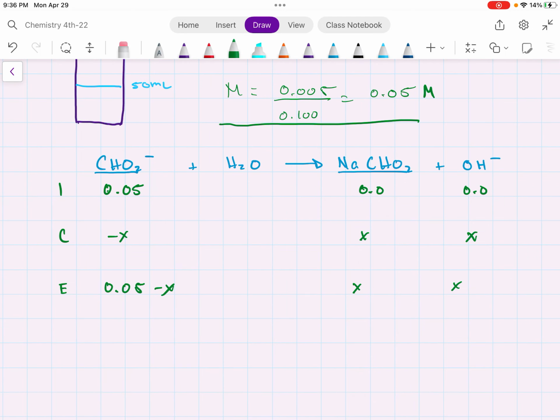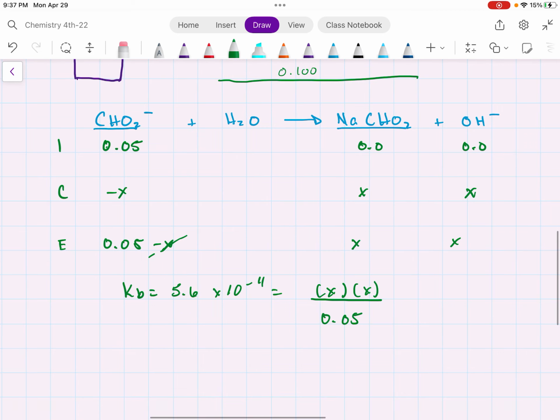Now, the Kb for the formate ion is equal to 5.6 times 10 to the negative 11. If we set that equal to our mass action equation, we're going to end up with x times x over 0.05. Remember, we can neglect the x in the denominator.